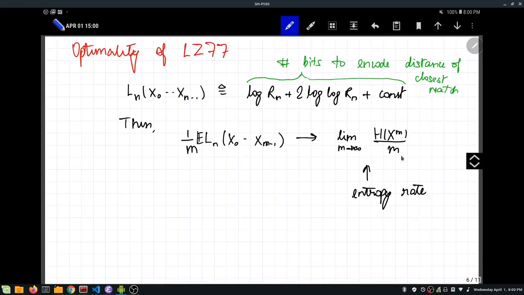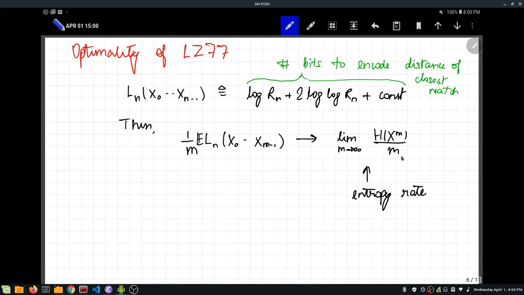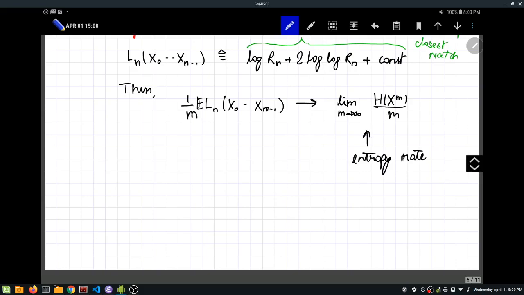I claim that this lemma tells you that LZ77 is optimal. And why is that the case? Suppose you have a very large file. Essentially we are interested in analyzing the asymptotic optimality of Lempel-Ziv.